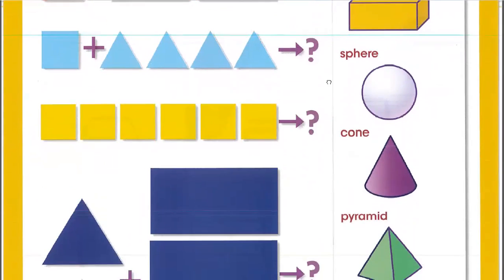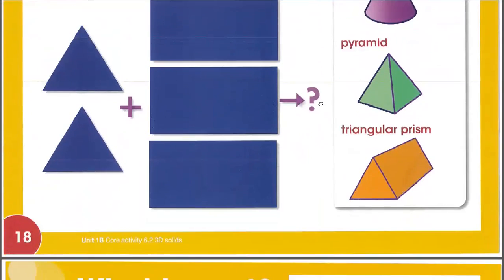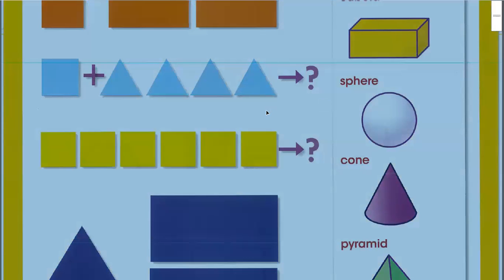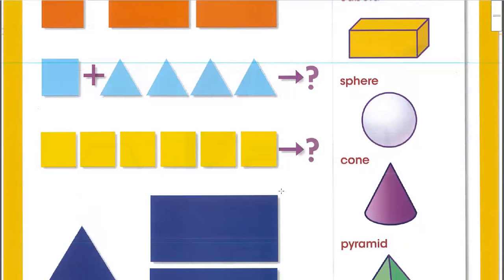Next we have sphere. It is just like a circle, the circle that we studied in the previous lesson. But this is not a 2D shape, it is a solid shape.